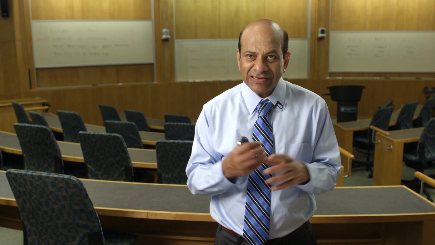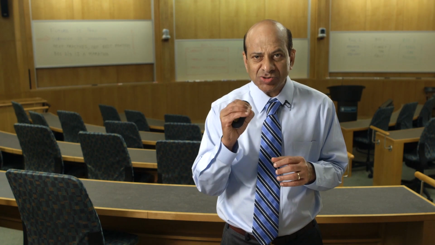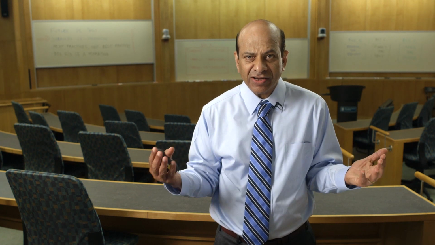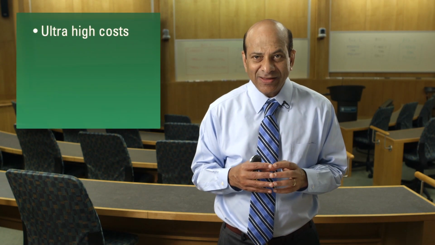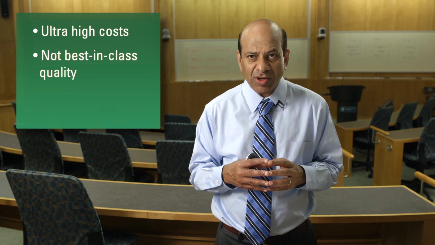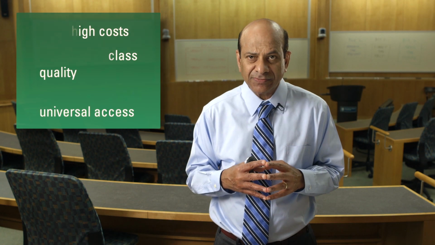Even after spending all this money, our quality is not best in class. And even after spending all this money, we cannot guarantee access to healthcare to every American. There are close to 60 million Americans who have no access to healthcare. So the US healthcare industry is characterized by ultra-high costs, not necessarily best-in-class quality, and certainly cannot guarantee universal access.